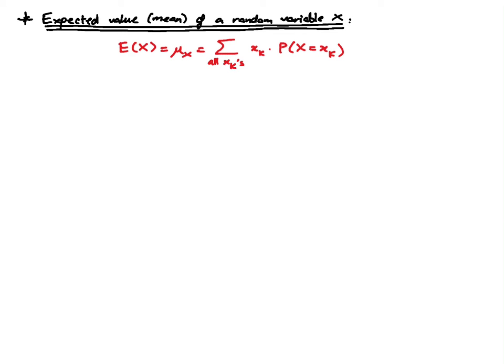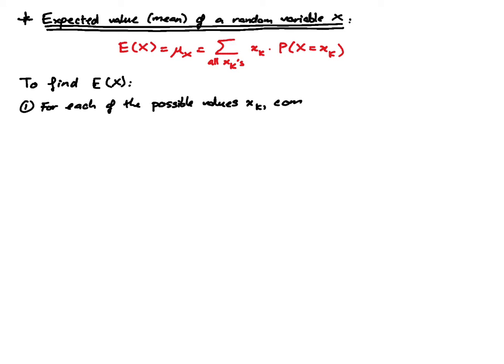Now this means that to find the expected value, we essentially want to do two things. First, for each of the possible values x sub k, we want to compute x sub k times the probability that X is equal to x sub k.